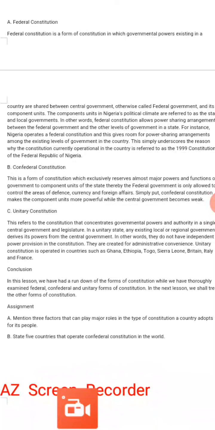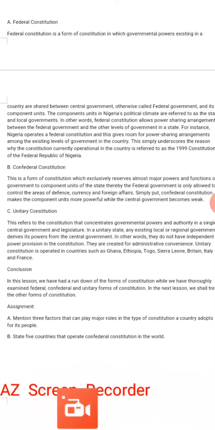For instance, Nigeria operates a federal constitution, and this gives the room for power sharing arrangements among these existing levels of government in the country. This simply underscores the reason why the constitution currently operational in the country is referred to as the 1999 Constitution of the Federal Republic of Nigeria.